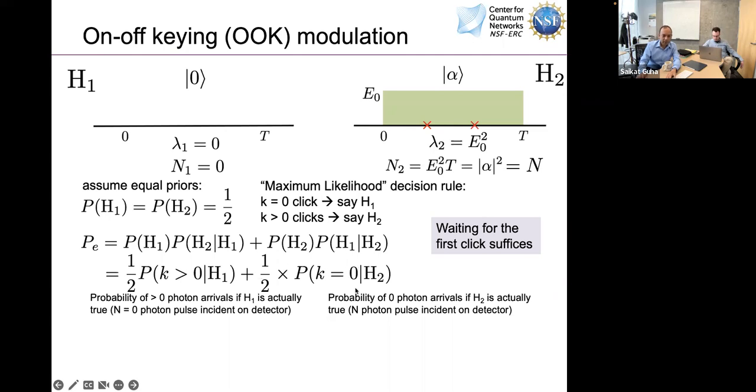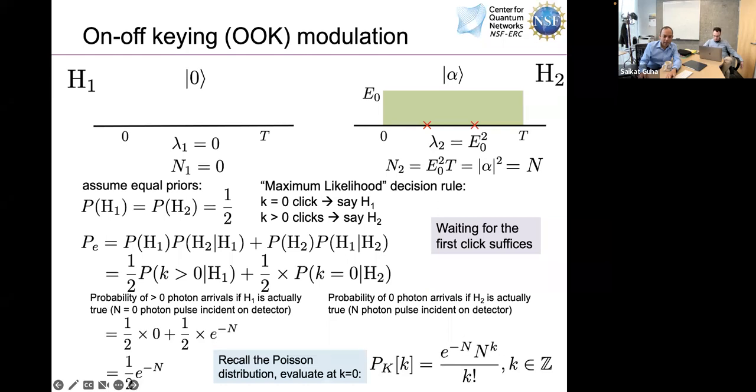But if you look at the second term, what is the probability that you will guess hypothesis 1 if hypothesis 2 is indeed true? This second term is the probability that you have a pulse, but you still did not get a click. What is that probability? The probability that you get 0 clicks is e to the minus n, n to the 0 over 0 factorial, which is nothing but e to the minus n.